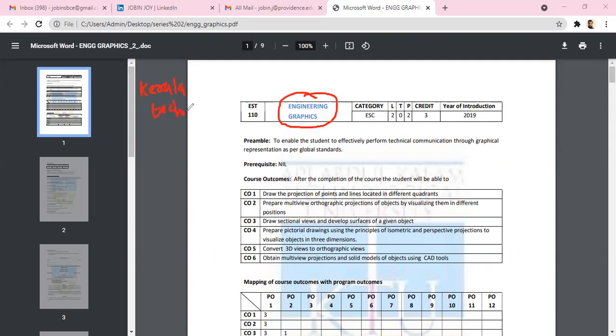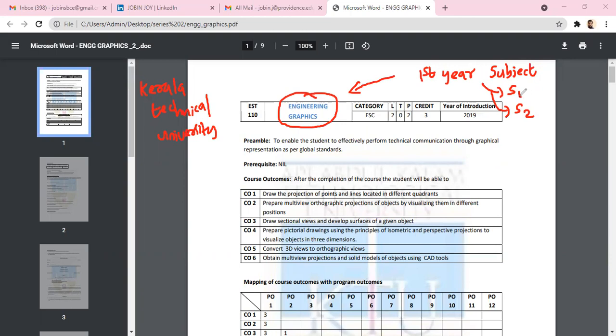This is a first year subject. That means you have to study this subject either in semester 1 or in semester 2.